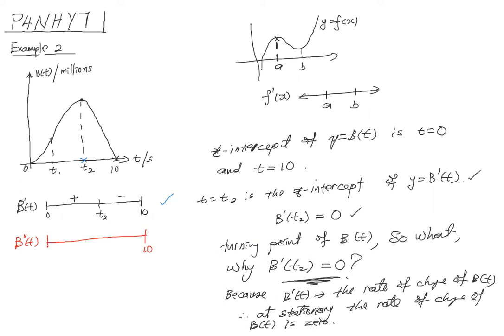Okay, so what should I mark on my B double prime t sign diagram, Carbon?